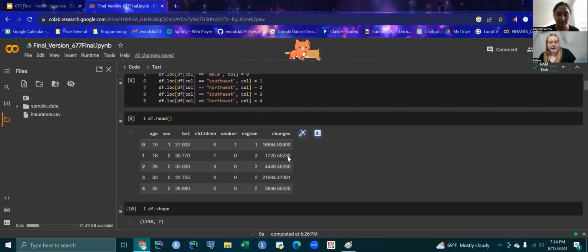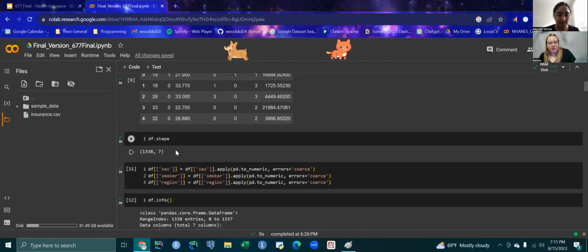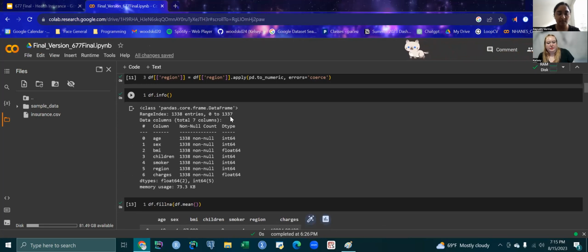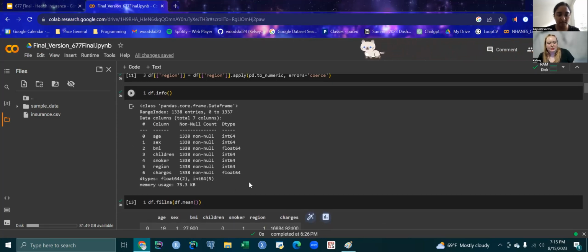We also looked at the data again once we encoded it, looked at the shape to make sure we hadn't added a column or a row where we didn't mean to. And then we converted to numeric so that we could really do some good machine learning with it. Looked at the info again to make sure we had the right data types.